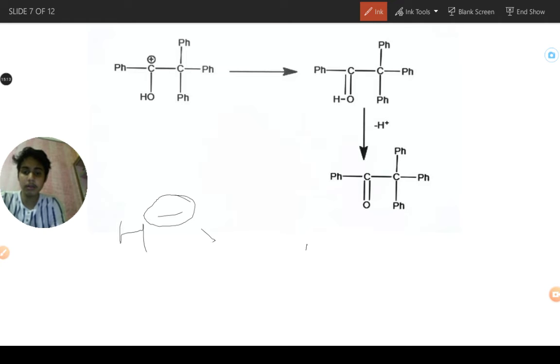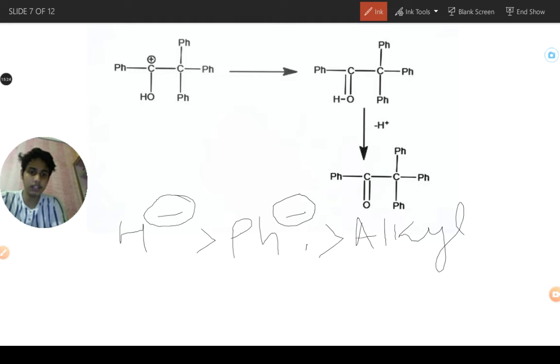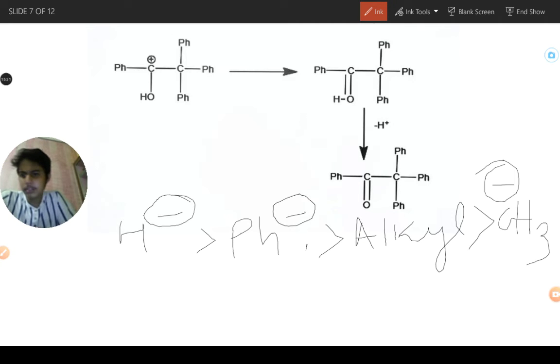Then there will be phenyl, then there will be alkyl group, then there will be CH3 minus, the methyl group. So here we have seen only the shifting of phenyl group, but where there is methyl and phenyl, phenyl will shift in place of methyl group, because phenyl has more migration power or shifting power than CH3 minus.